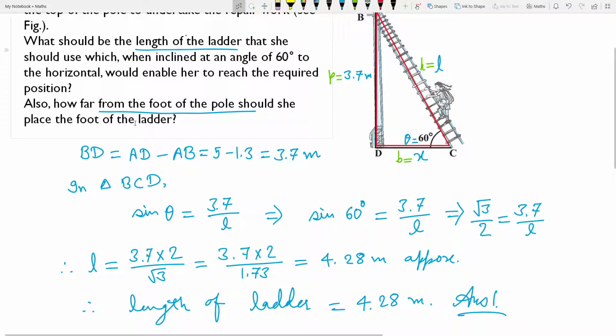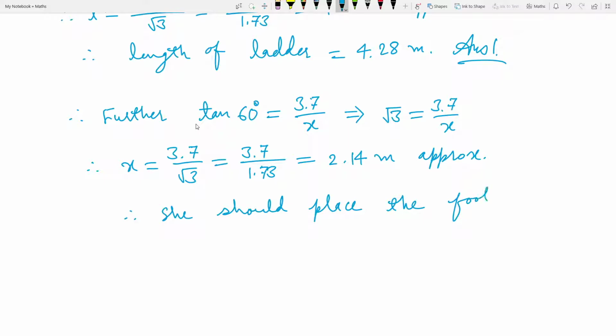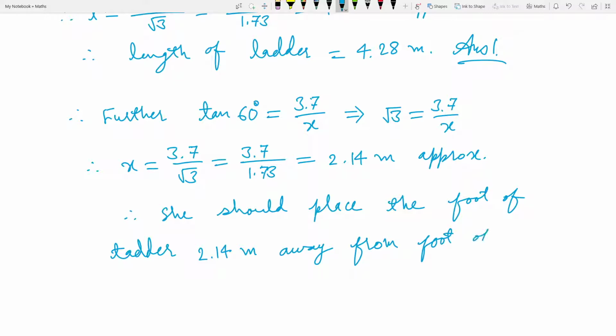She should place the foot of ladder 2.14 meter away from foot of the pole. This is our second answer.